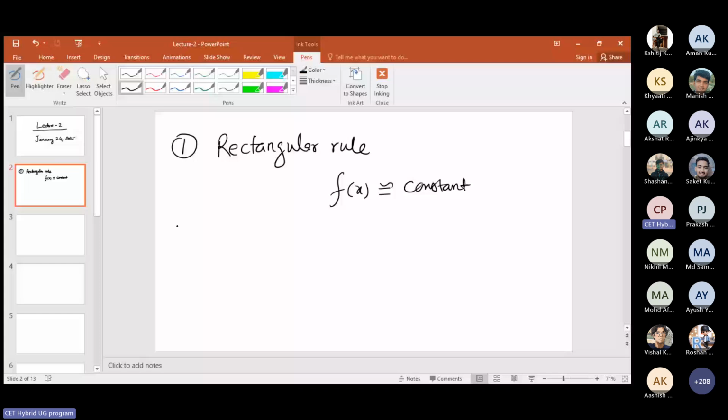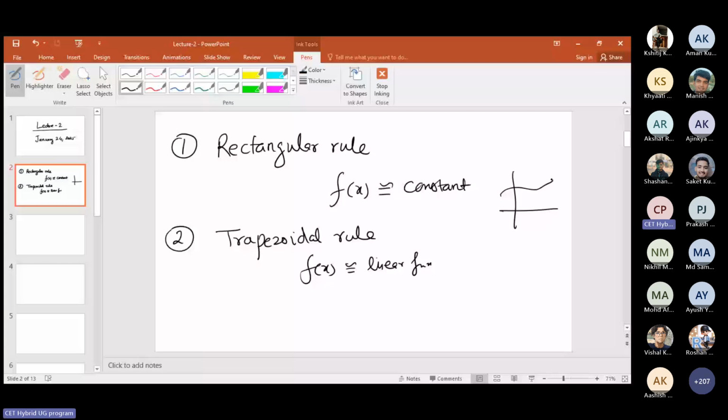And the second rule which we studied was the trapezoidal rule. In the trapezoidal rule, what did we do? We evaluated it by approximating it with a linear function. So geometrically, if this was the integrand f(x), then in case of the rectangular rule, we found a midpoint x star and we made a rectangle from a to b.